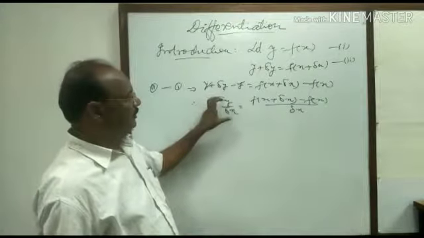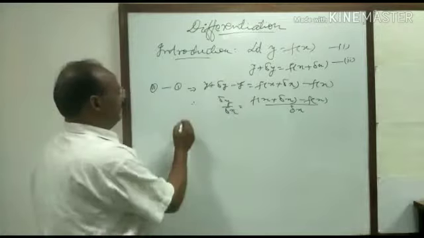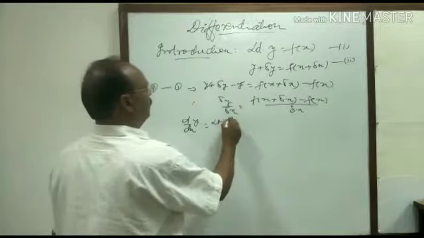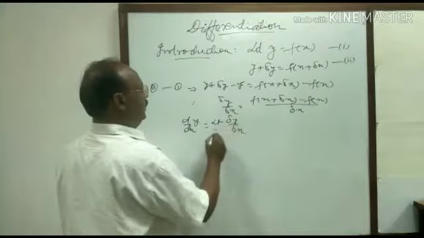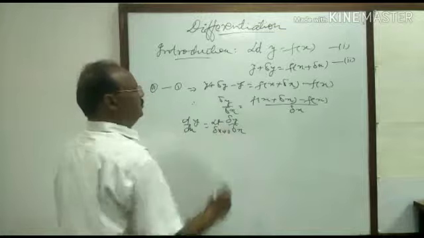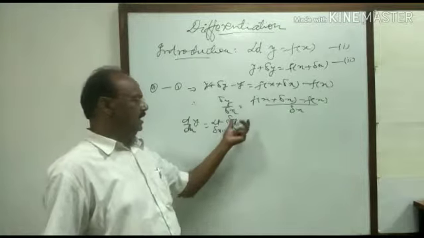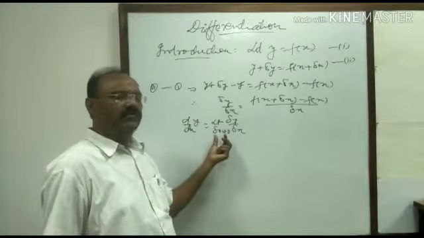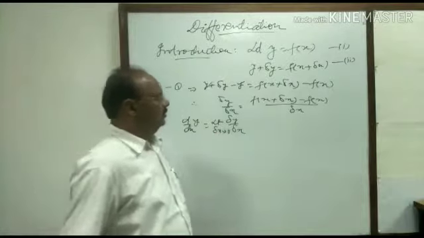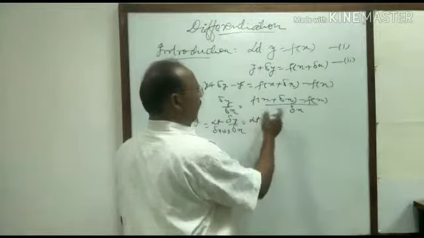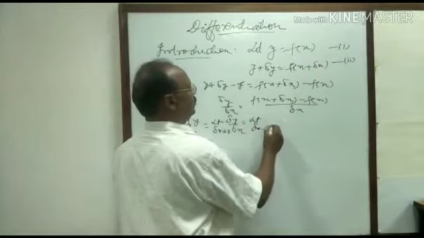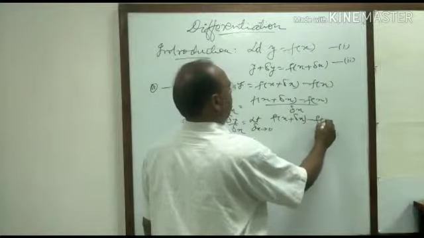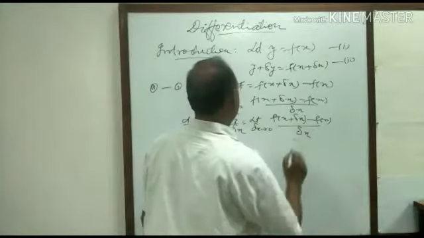Now the derivative of y with respect to x, which is denoted as d/dx of y, is equal to the limit of delta y by delta x when delta x tends to 0. So we have to consider here the rate of change for a very small change, approximately equal to 0. So we will get the limit in the right hand side also, limit delta x tends to 0, f(x plus delta x) minus f(x) by delta x.